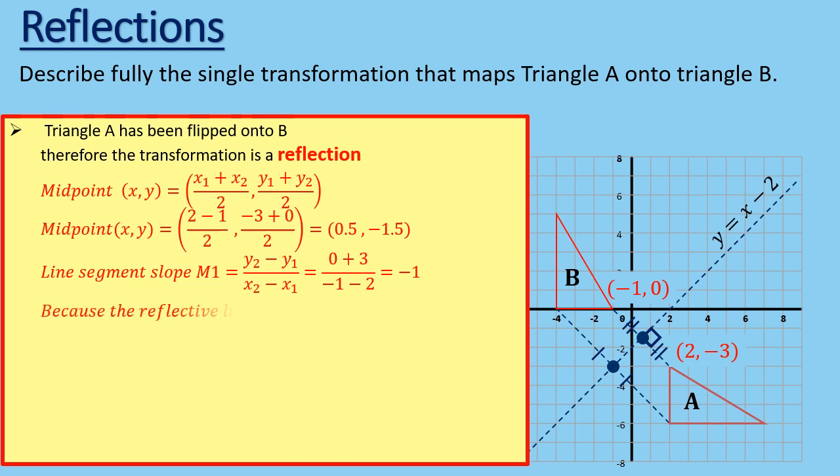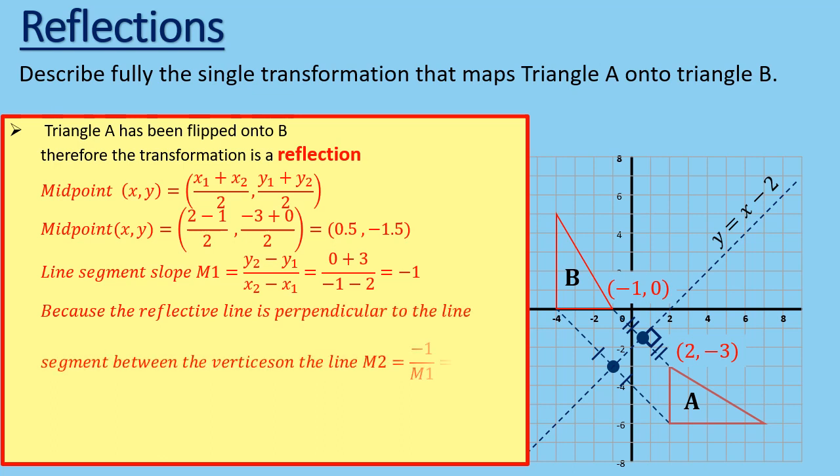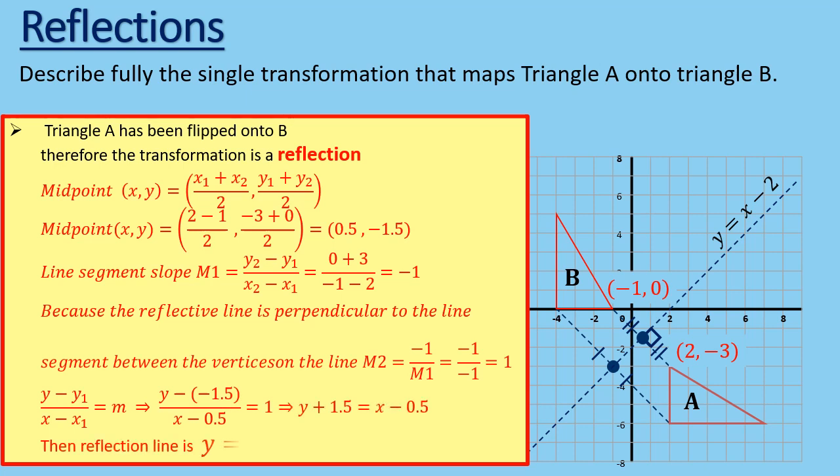Because the reflective line is perpendicular to the line segment between the vertices, its slope m2 will be the negative reciprocal of the slope of the line segment, so m2 is equal to minus 1 divided by m1, then m2 is equal to 1. Using the line formula, y minus y1 divided by x minus x1 is equal to m, we get the line equation to be y equals x minus 2.